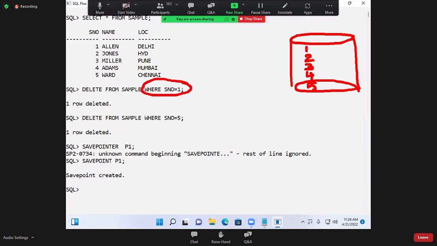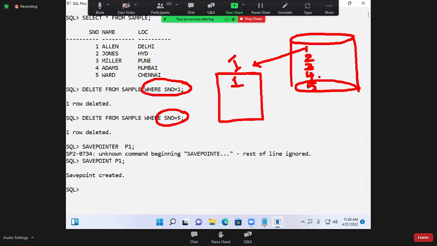The first row is deleted from the database and stored under which memory? Instance memory. This is my instance. Here your first row data will be saved. Next I deleted 5. So 5 is deleted from your database, and this is also saved under instance memory.